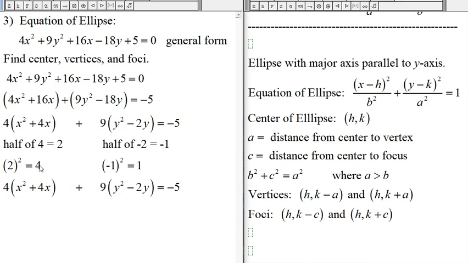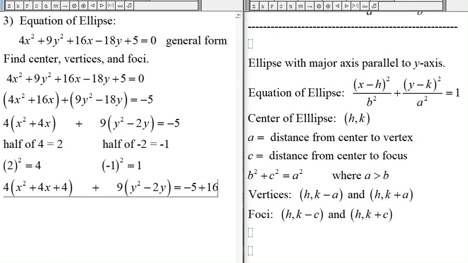So this 4 right here, we'll insert it into here. So plus 4. Now, notice that when we inserted the 4 here, we added 4 times 4 to this part, which is 16, to the left side. And then we must add 16 to the right side. And then this 1 right here, we'll insert it right in here.